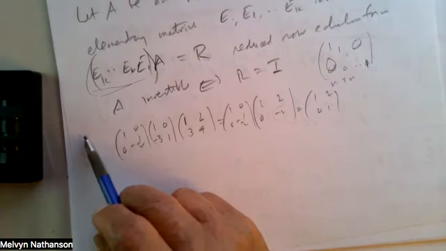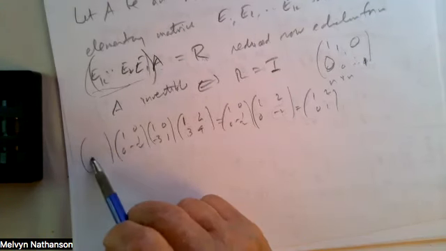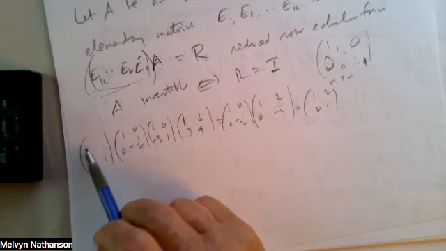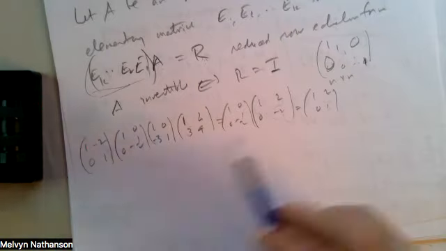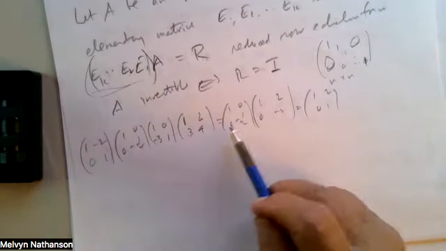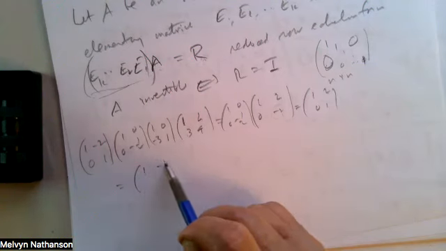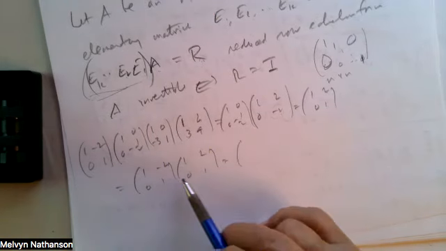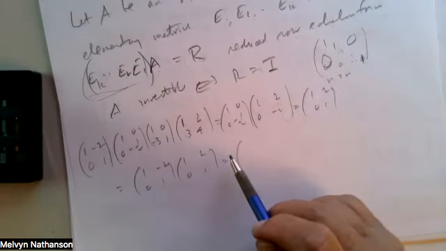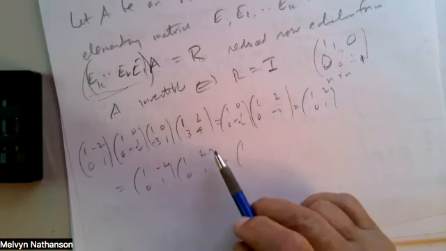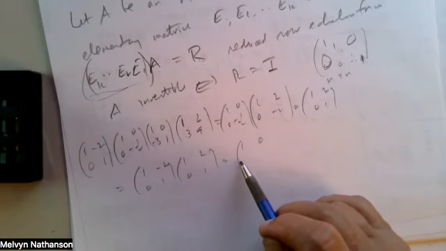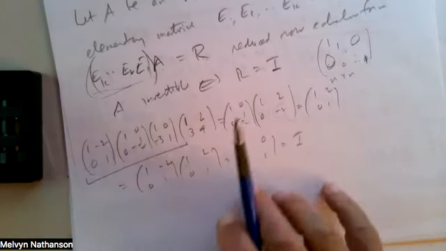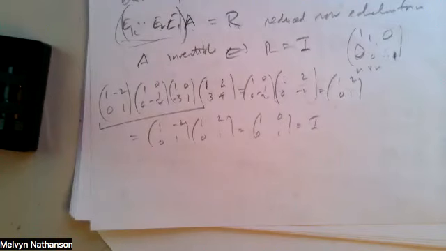I'm not changing the second row, but the first row minus 2 times the second. So this is going to be 1, minus 2, 0, 1 times 1, 2, 0, 1. I get 1, 0, 0, 1. I get the identity. So this product of elementary matrices should be the identity.